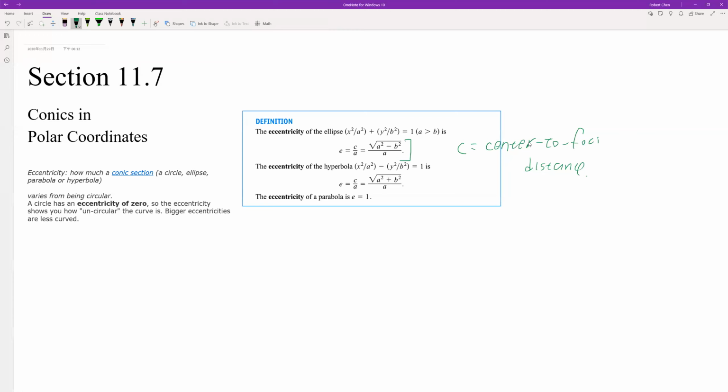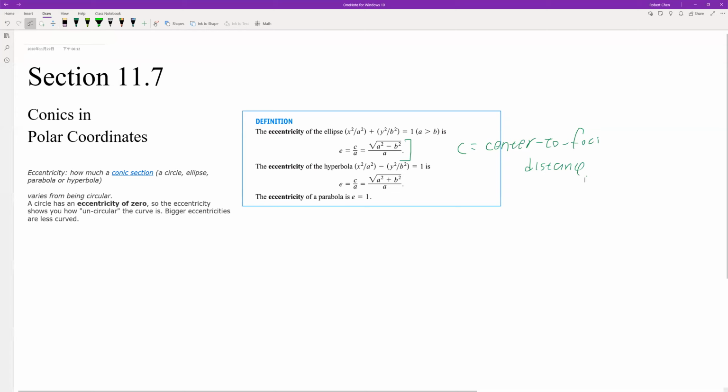For a parabola, the eccentricity is always going to be 1, and this one does not have any specific meaning. It just measures how uncircular a parabola is. For ellipse and hyperbola, it depends on how far away their foci are from the center. The larger the distance between center and foci, the larger your eccentricity is going to be.